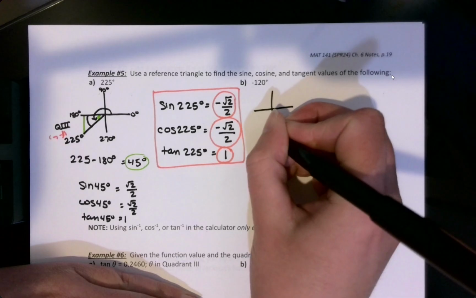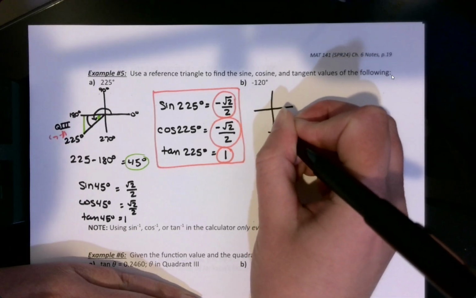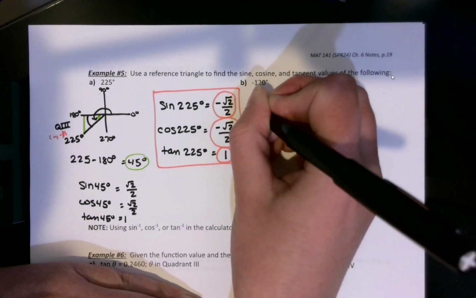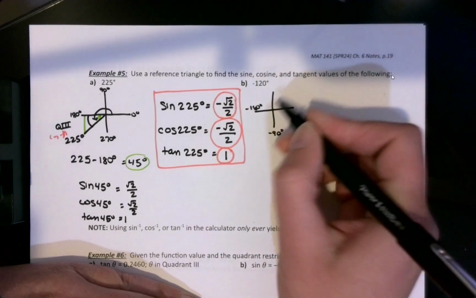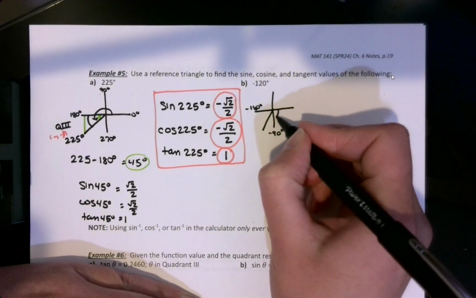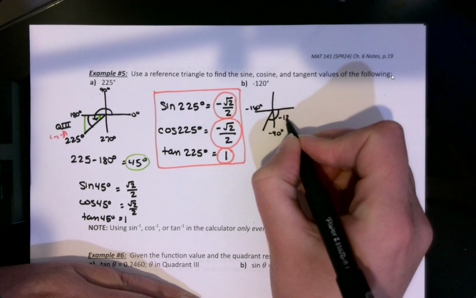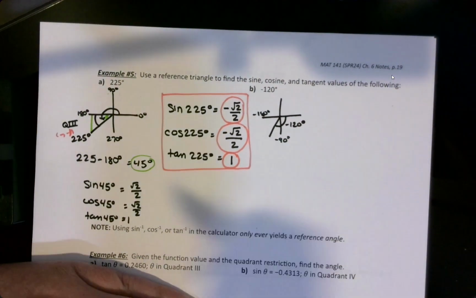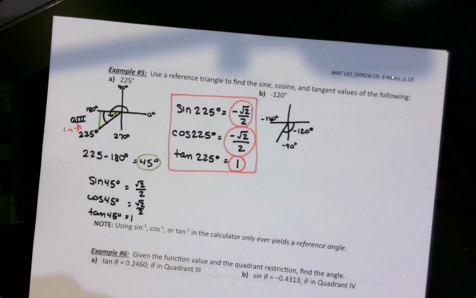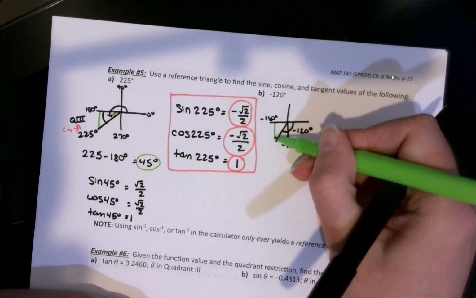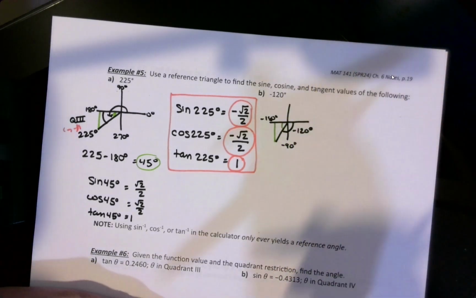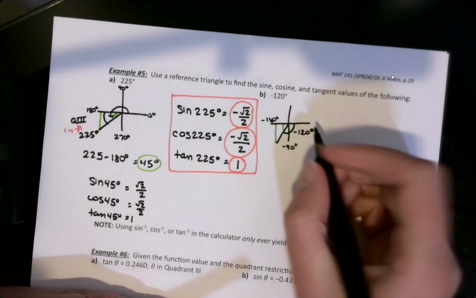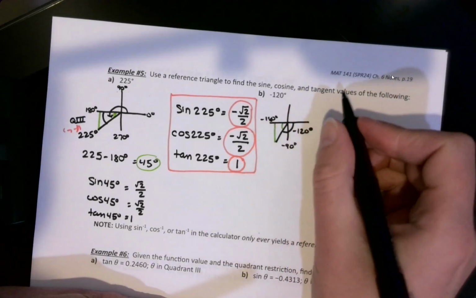So I'm going to go backwards. This would be a negative 90. This would be a negative 180. So this is the angle negative 120. The reference angle to that would be the angle that went up to the x-axis, so it would be this angle here. So I need to figure out how far shy of 180 I am.